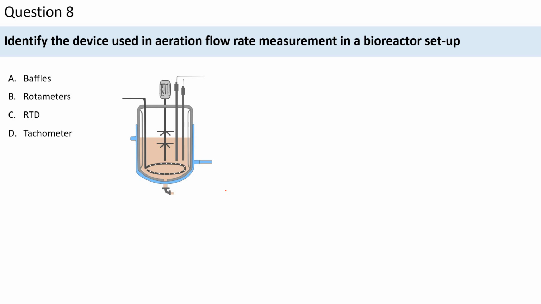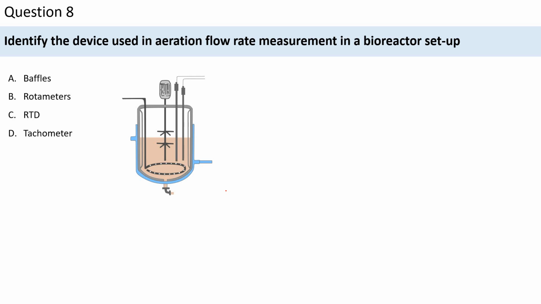Coming back to the question, baffles are mainly to prevent vortexing. Say, for example, you have a glass of water and a spoon. If you try to mix the water very fast, what happens? You will get a whirlpool, right? The water keeps becoming a whirlpool in the middle of the glass.